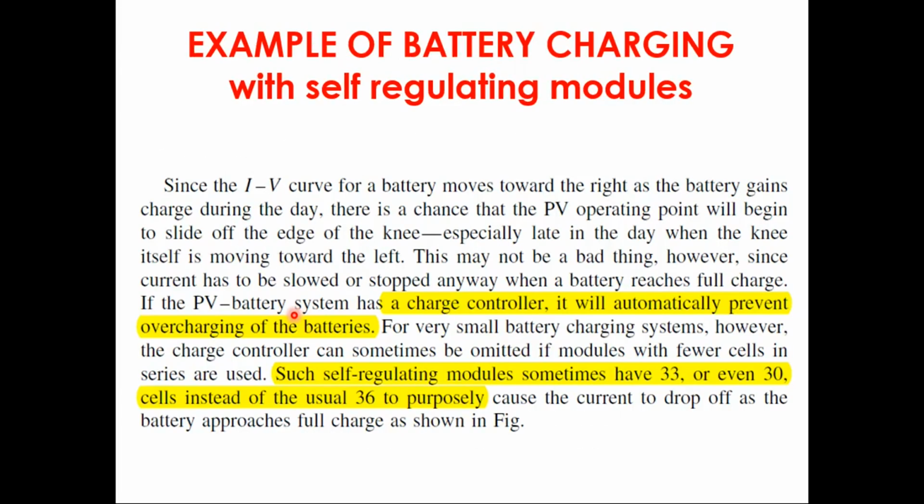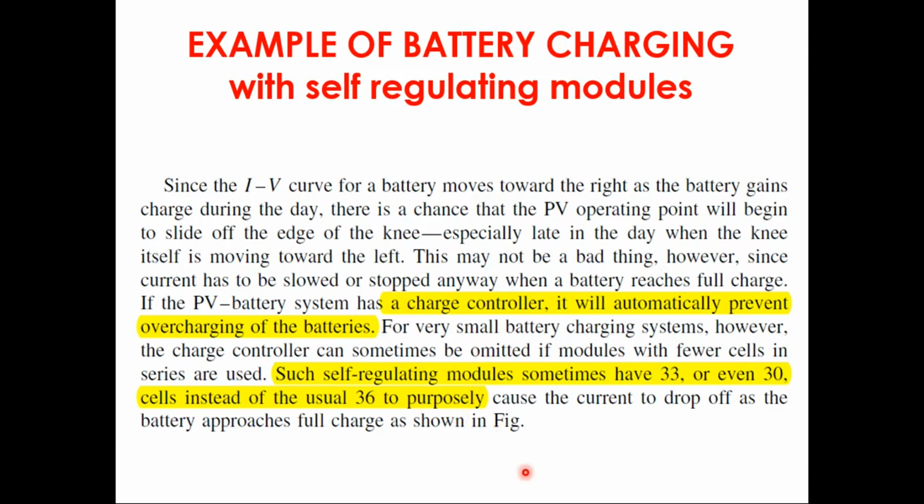Sometimes for battery charging applications, some self-regulating modules are used. If the PV system has a charge controller, it automatically prevents the battery from overcharging. For a very small battery charging system, the charge controller can be omitted if modules with fewer cells are accommodated purposefully.